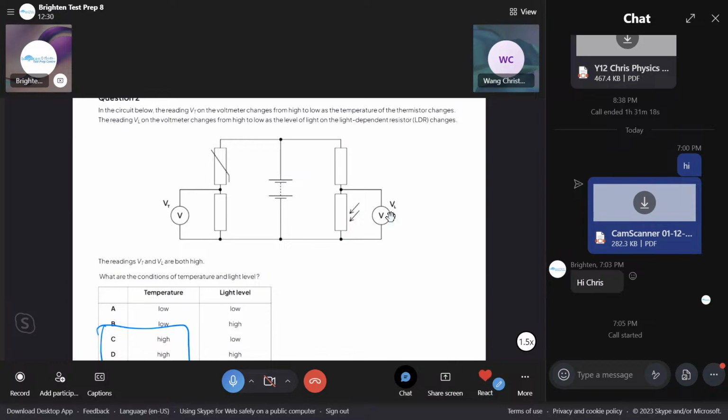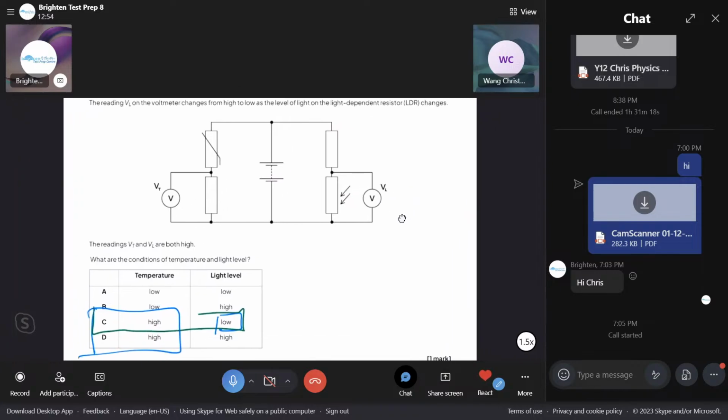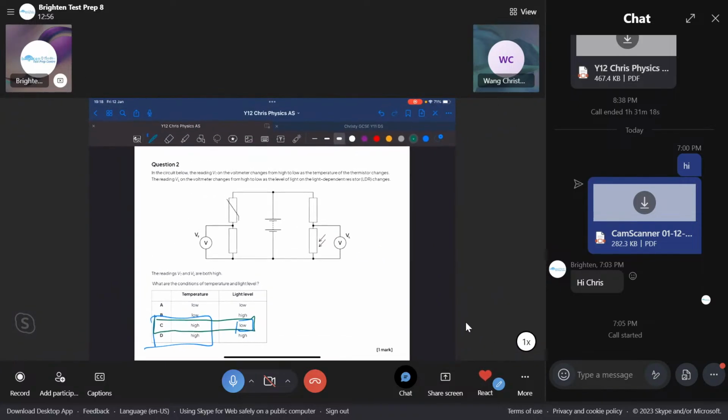Must be high intensity, which is correct, your statement before. The high voltage means high resistance, and then high resistance here is lower light level. Exactly. Good one. Low, huh? So in consequence, combining, that's what we get.